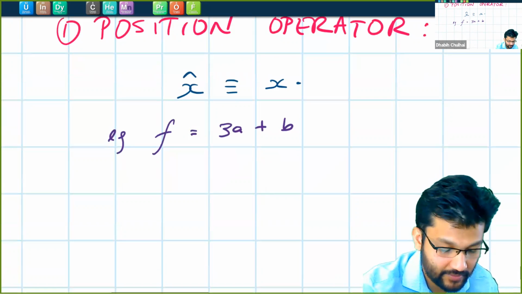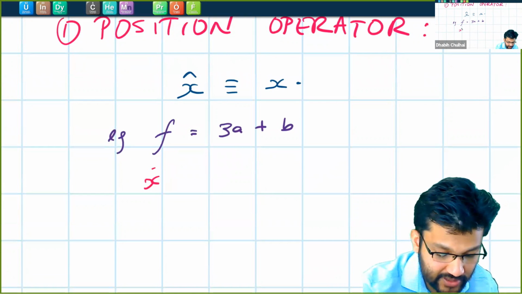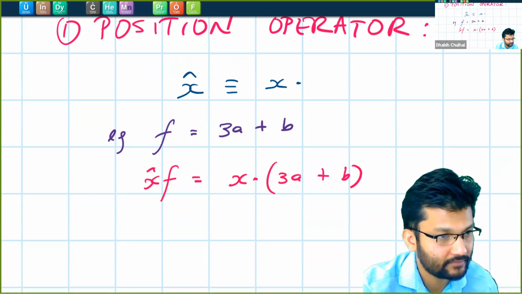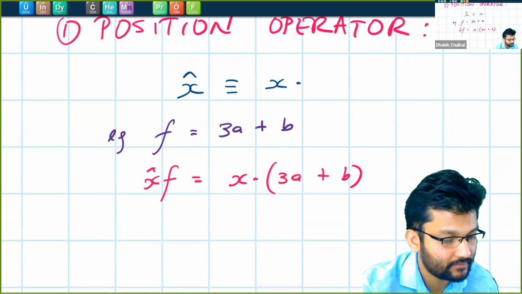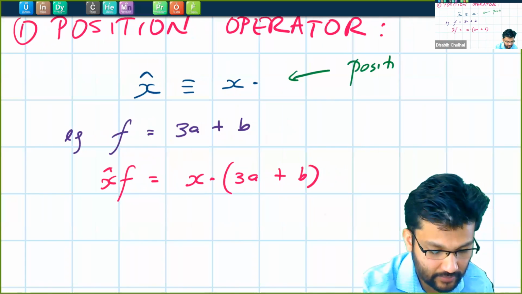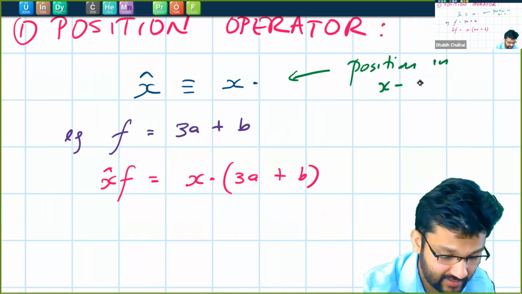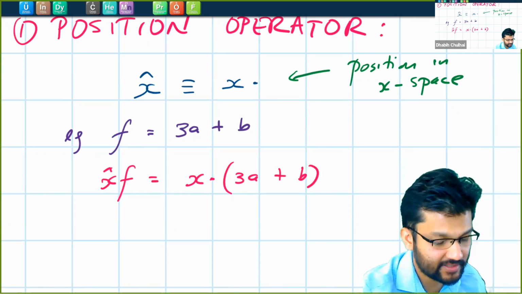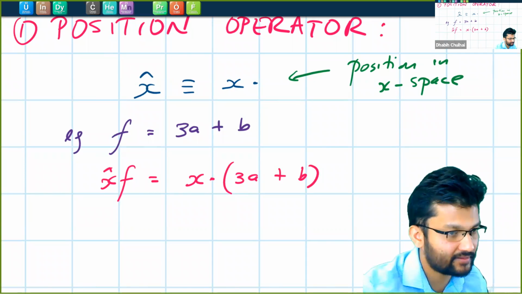If you apply the x position operator on this function, it's just going to be x multiplied by whatever the function is. Does that make sense? And this is position in x space. You could imagine the same one for y space and z space. It's just going to be y or z.